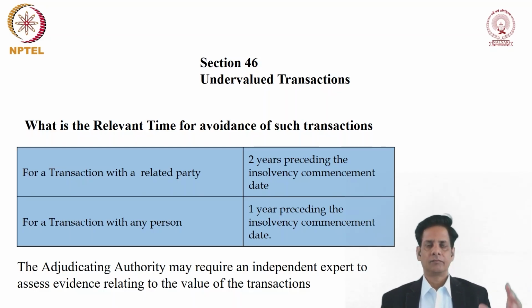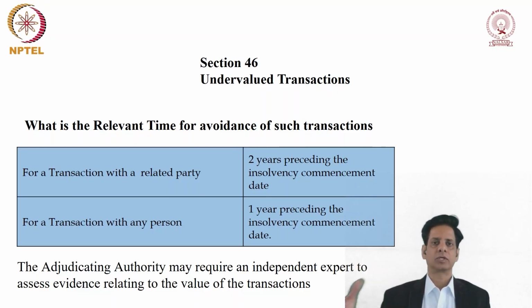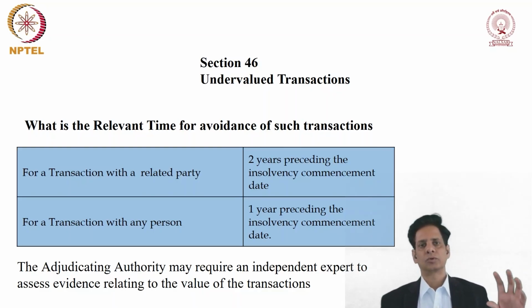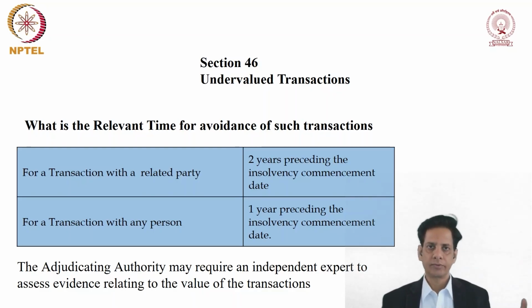Example, if I have a registered patent in my name, made in 2020 for a certain value, which I am going to sell now at a certain value, will that patent right be sold at a lesser value or more value is something that is impossible for me or for a judge to determine. Hence, this has to go to somebody who is an expert in valuation of intangible assets, and only that person can tell whether this is undervalued or overvalued.